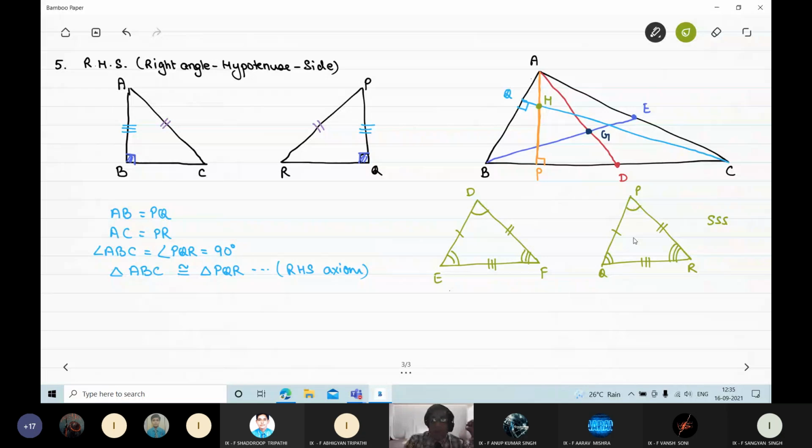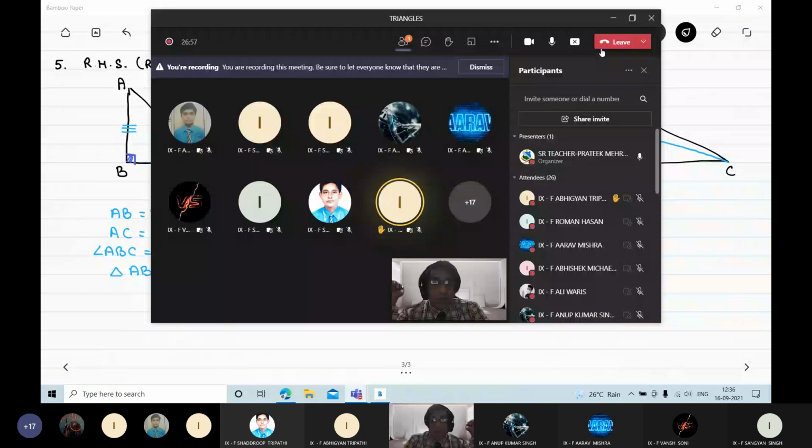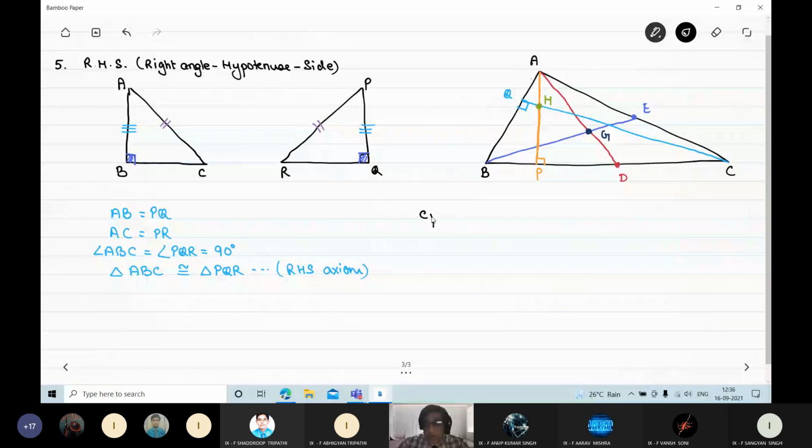Now, children, there is something which is called CPCT. Do you know the full form of CPCT? It means corresponding parts of congruent triangles.